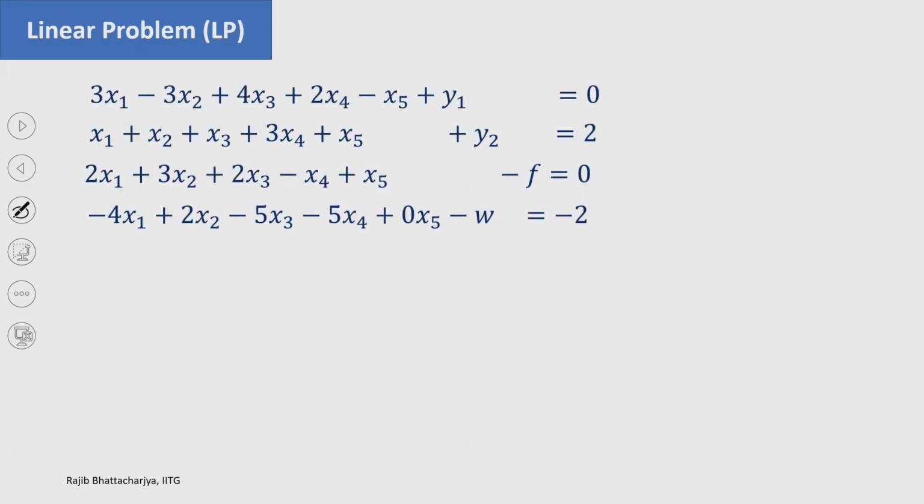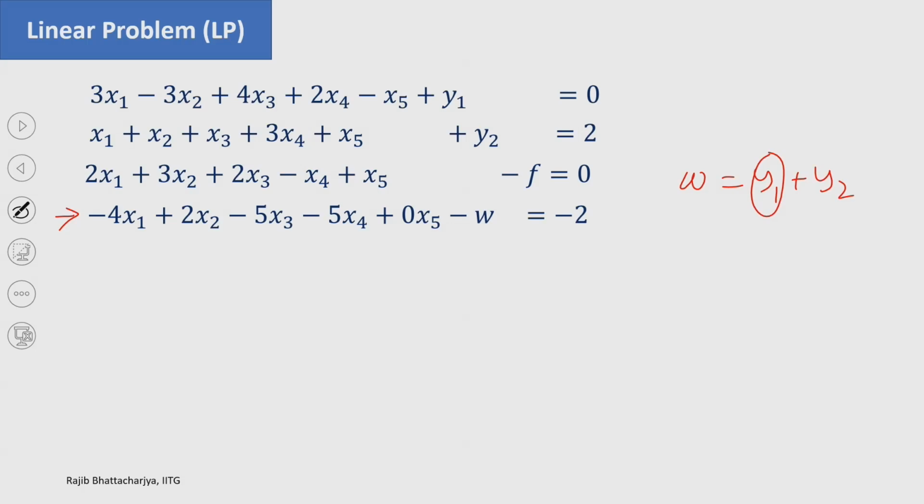The last equation is the objective function w equal to y 1 plus y 2. So, what we are doing is writing this y 1 in terms of x 1.